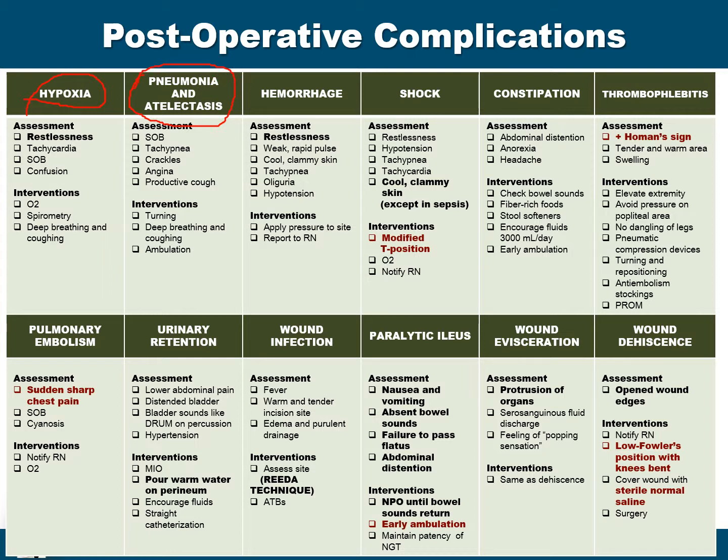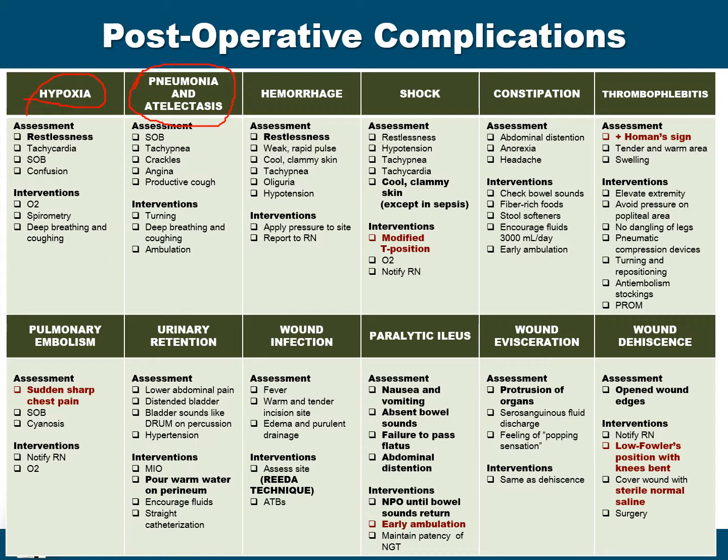Now we also have another complication, which is going to be pneumonia and atelectasis. Atelectasis happens because of the accumulation of mucus that blocks the airway of the patient. So remember that these are complications that may happen, especially if the patient had long hours of surgery and mucus accumulates in the pulmonary system. And also very important is to allow the lungs to expand after the surgery, because it's possible that atelectasis may happen.